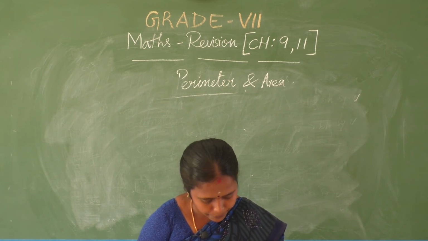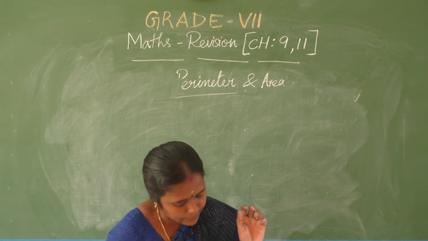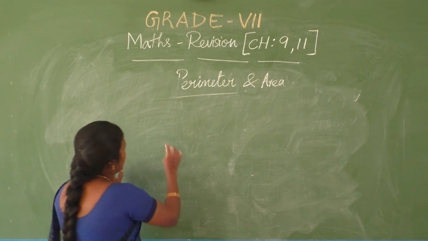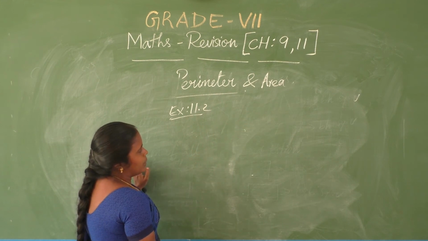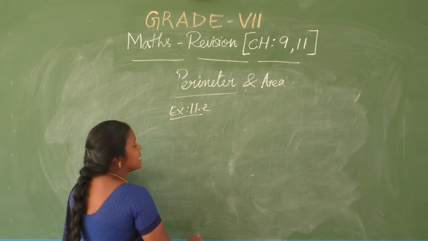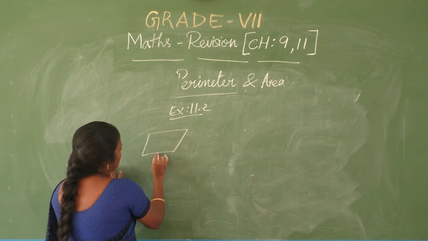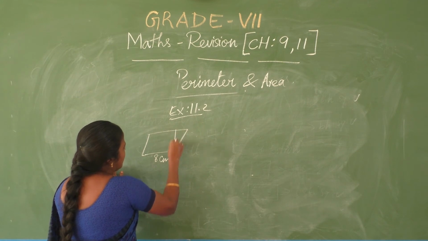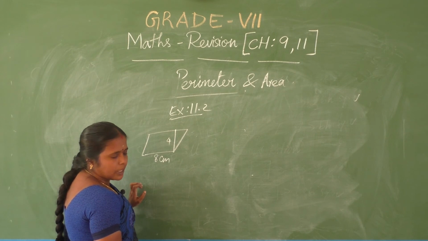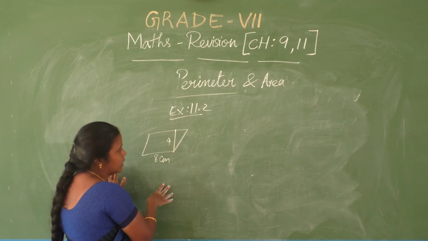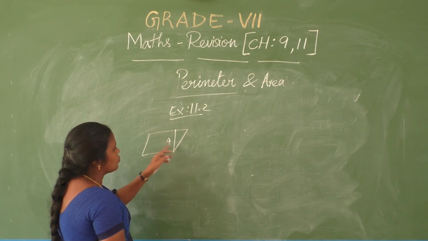What do we have in 11.2? Parallelogram and triangle. Just now we have seen the formula for finding the area of a parallelogram: base into height square units. This is the parallelogram. Here the base is 8 cm and the height is 4 cm.